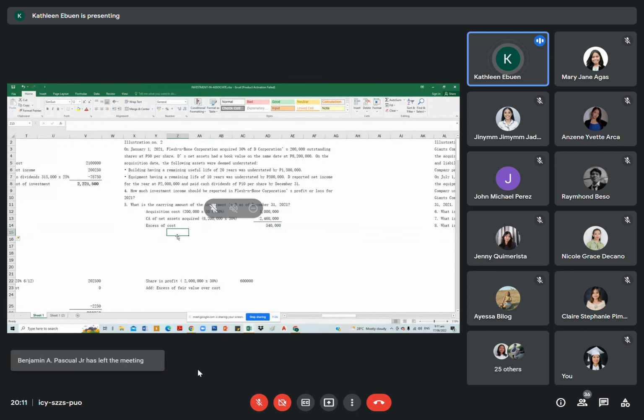Sa undervalued assets. Allocate natin to sa undervalued assets. Building having a remaining useful life of 20 years was understated by 1.5 million. Ito yung una nating undervalued asset, yung building. So 1.5 times 30%, magkano yan? 450,000. Next, we have the equipment having a remaining life of 10 years, understated din ng 500,000.